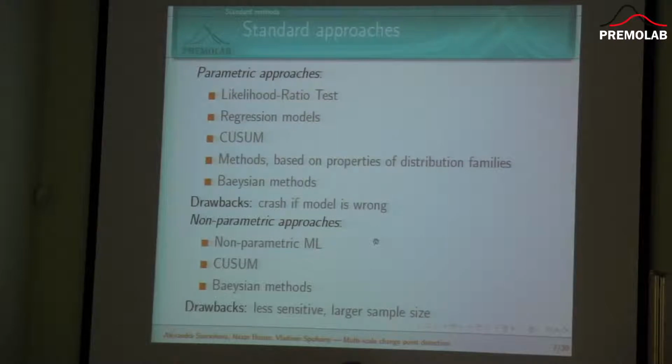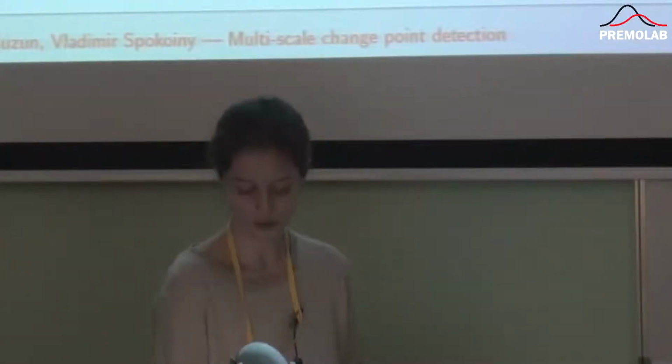Both of these methods have drawbacks. If we make a wrong parametric assumption, the algorithm just crashes and nothing works. And non-parametric approaches are usually less sensitive and need a larger sample size, which makes them not very acceptable for online change point detection.